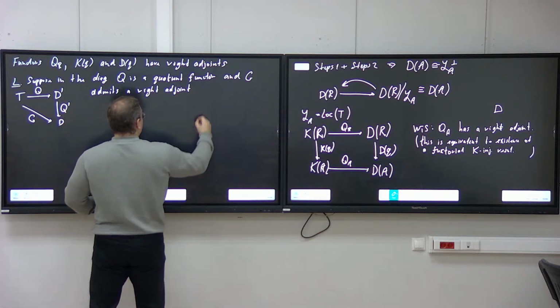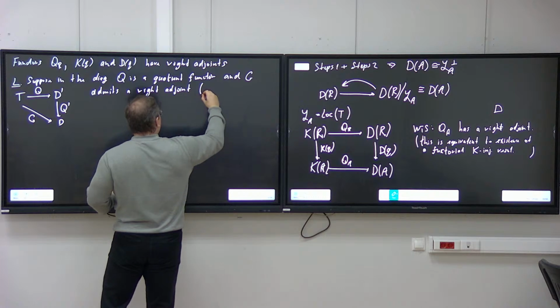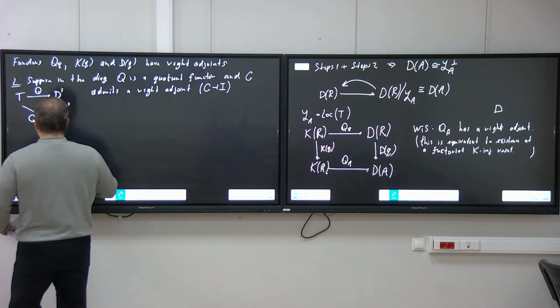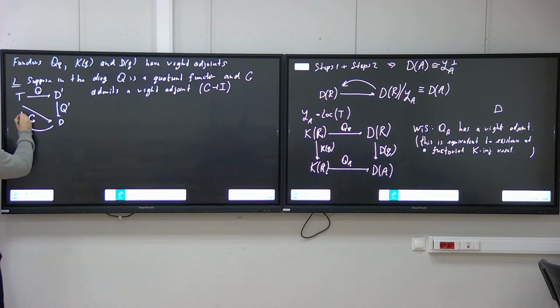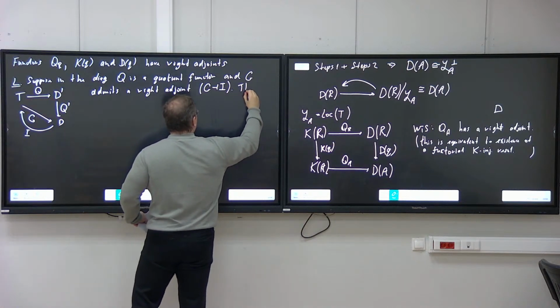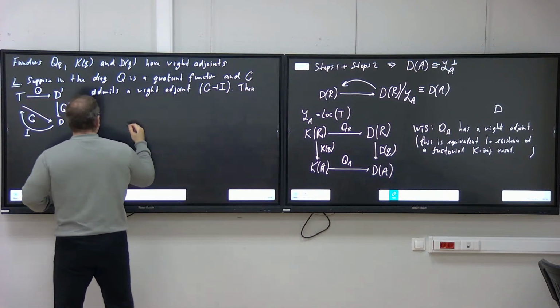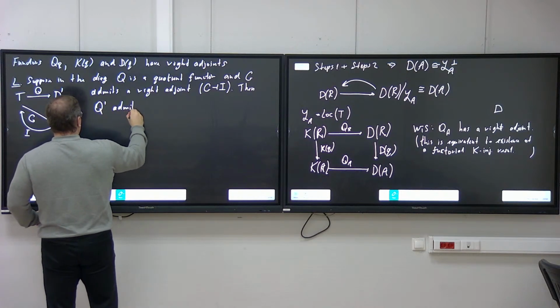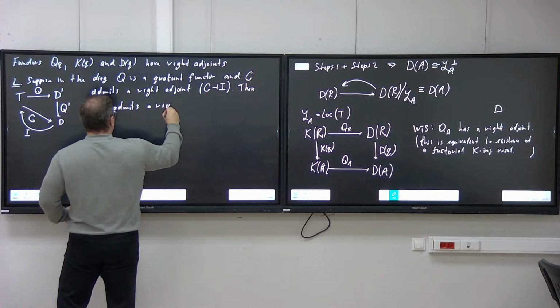Let's call this right adjoint I. So G has right adjoint I. So I is just a notation, so we can write it on this diagram. So then Q prime admits a right adjoint.